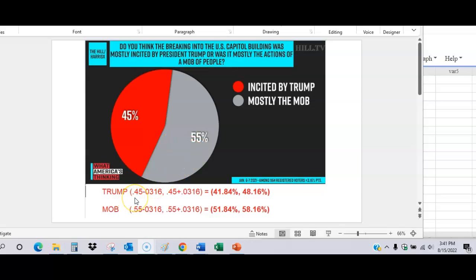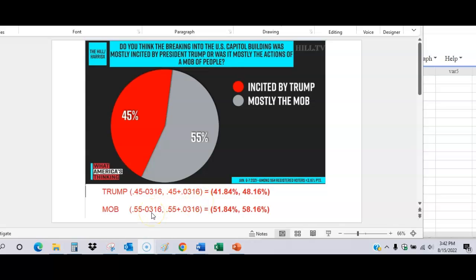So Trump, 0.45, I'm converting it to a decimal, subtracting 0.0316, and I'm adding 0.0316, and that gives us 41.84% and 48.16%. I can say with 95% confidence that the proportion of registered voters that think Trump incited the breaking in of the U.S. Capitol is between 41.84% and 48.16%.